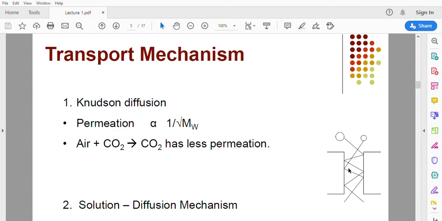It is a porous membrane, and the size of the pore is larger than the size of both types of species. Suppose you have two species. The molecule of one species is larger, and the molecule of the other species is smaller. So the pore size is larger than the molecular size of both species, but it will still separate the gas. Why?